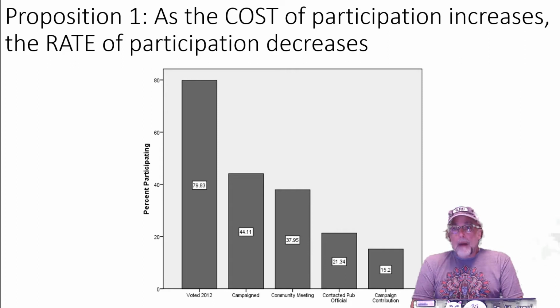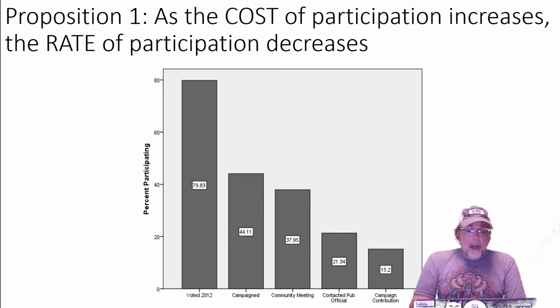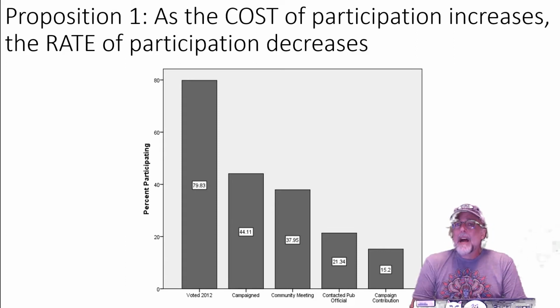As we move up in terms of costs, campaigning for a candidate, attending a community meeting, taking time out of your day to go to a community meeting, contacting a public official, taking the time to sit down and write that email or that letter, like back in the olden days.